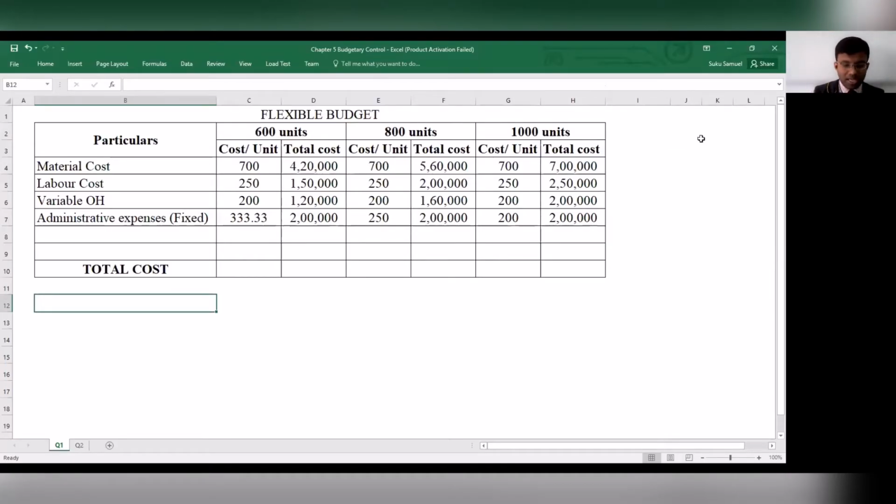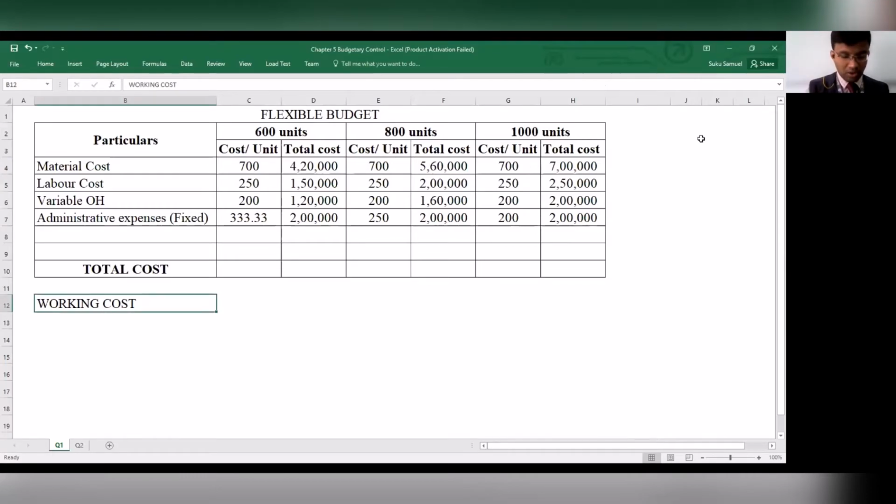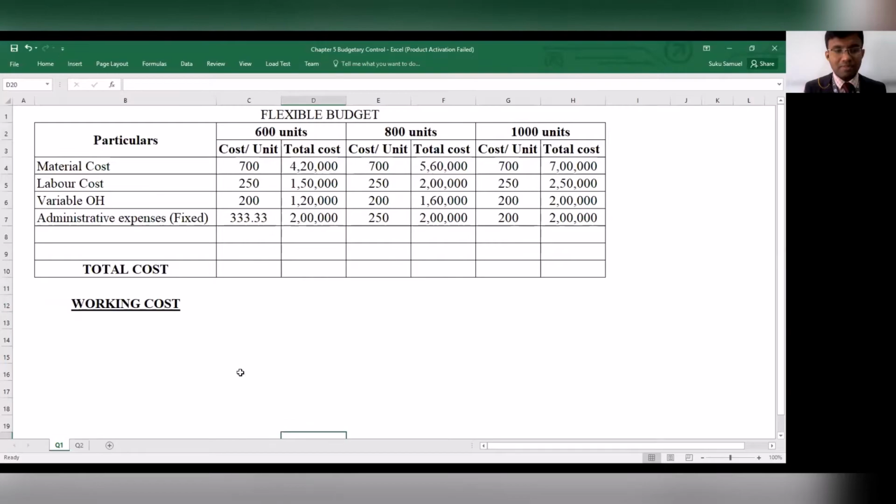Now I will show you how to go about with selling expenses. Selling expenses is a little different because it is a semi-variable cost. How do we know that? Because in the question, it is given to us that 20% is fixed.